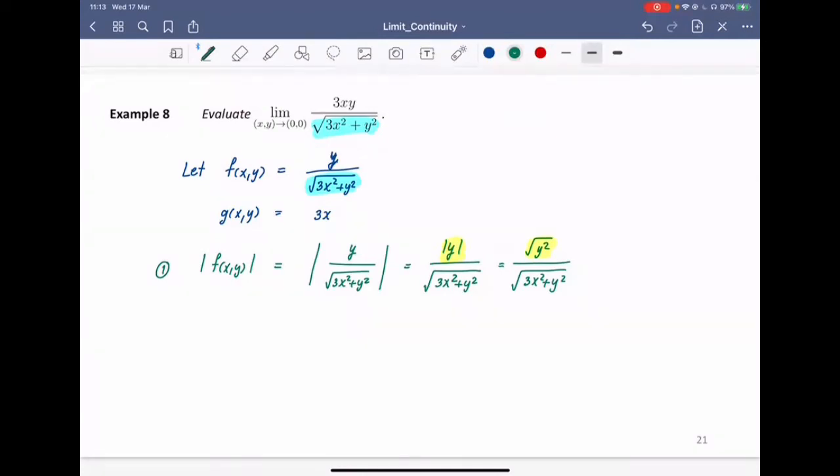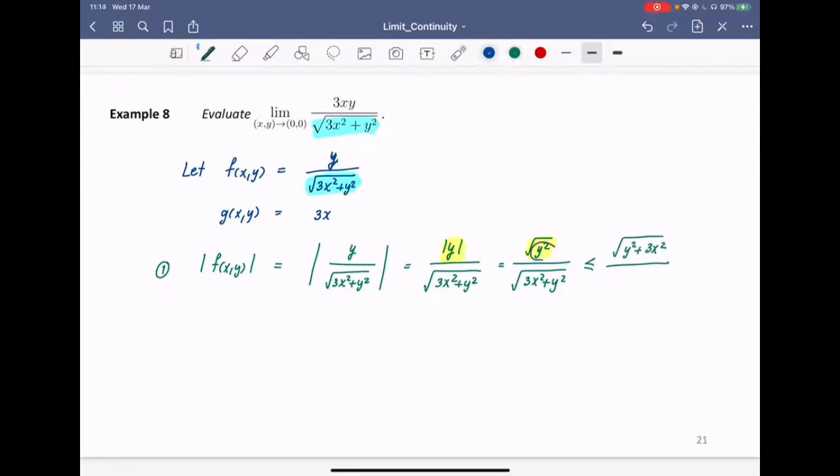All right, and then after that, how do I bound this thing? Again, we can use the same technique. Last time we said that x squared over x squared plus y squared is less than x squared plus y squared over x squared plus y squared. Here we're going to do the same thing. Why don't we just add 3x squared here? Which is okay, right?